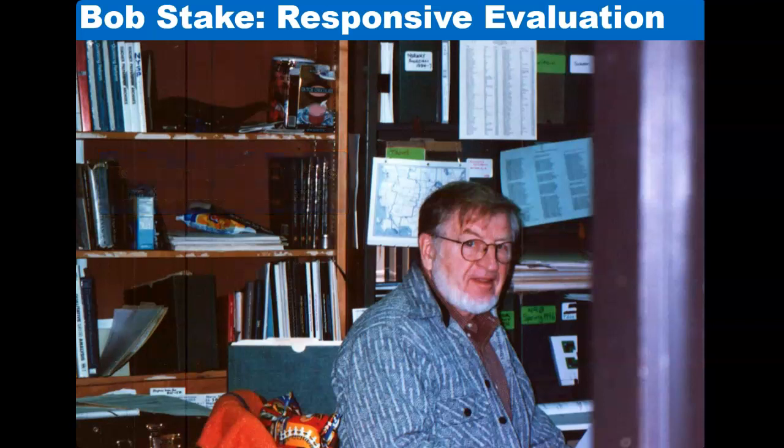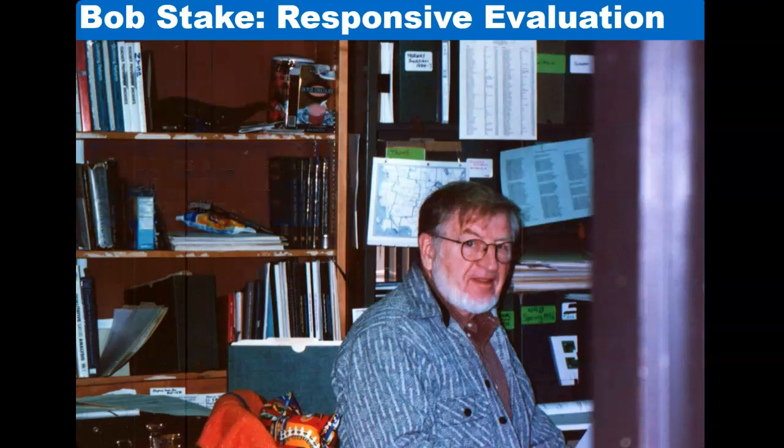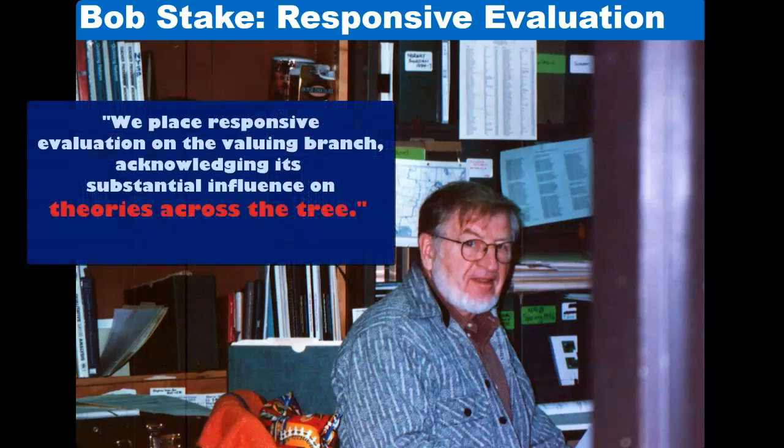And his chapter includes a section on utility, in which he discusses evaluations being useful as a critical quality criterion for evaluation. His chapter then illustrates how his practice cuts across all three branches, which Alkin and Christie acknowledge in their chapter introducing the theorists. They say about Bob Stake, "We have placed him on the valuing branch, acknowledging its substantial influence on theories across the tree."